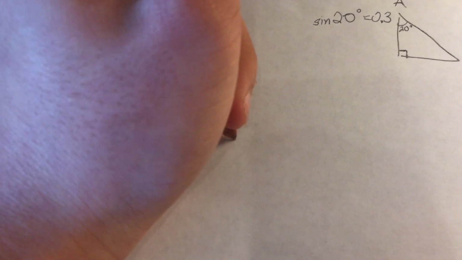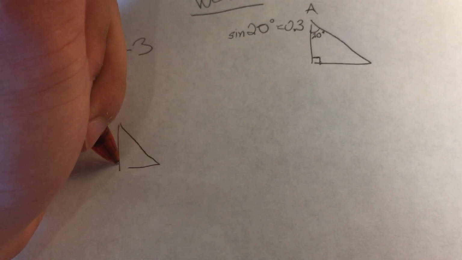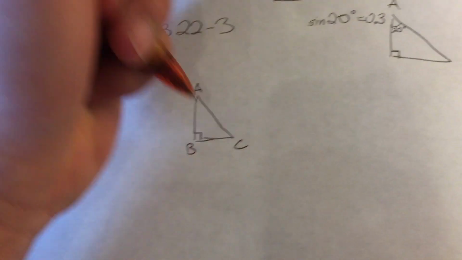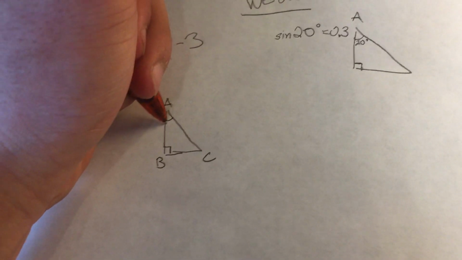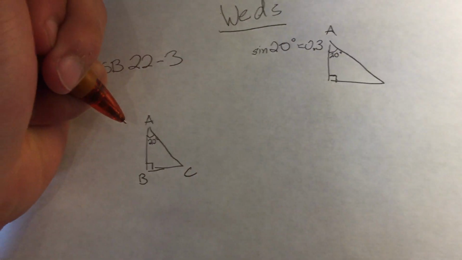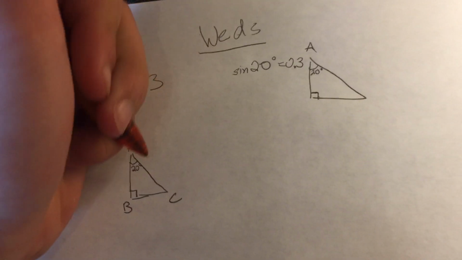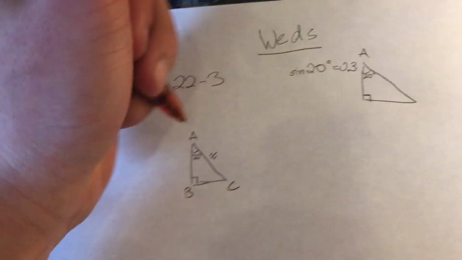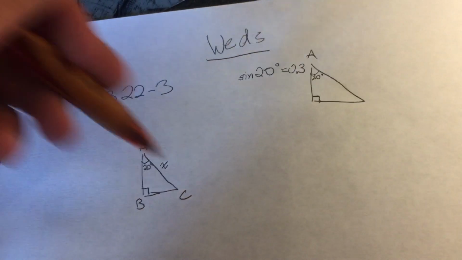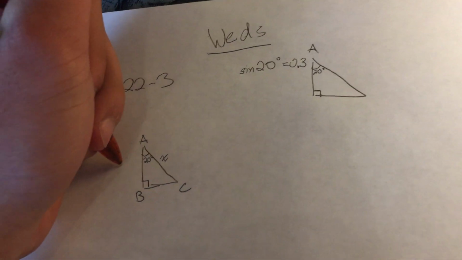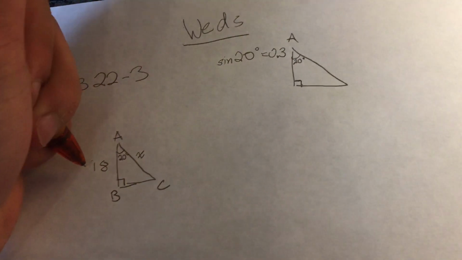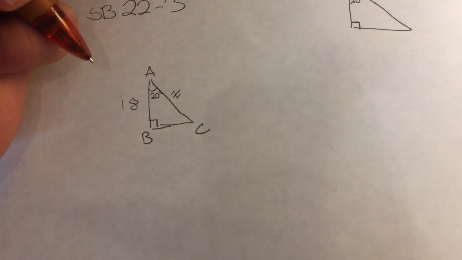Next part was trying to find a missing side length of a right triangle using trigonometric ratios. So this is ABC, and angle A is 20 degrees. We'll just stick with that. You're looking for the side length AC, which is x, and the hypotenuse is 18.